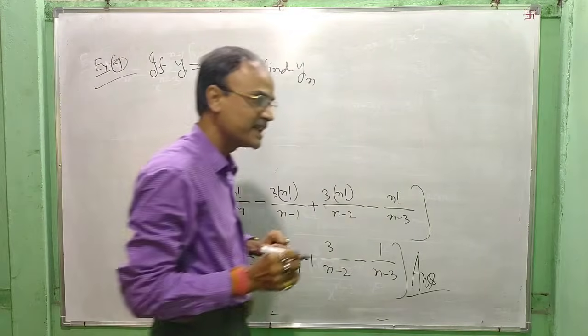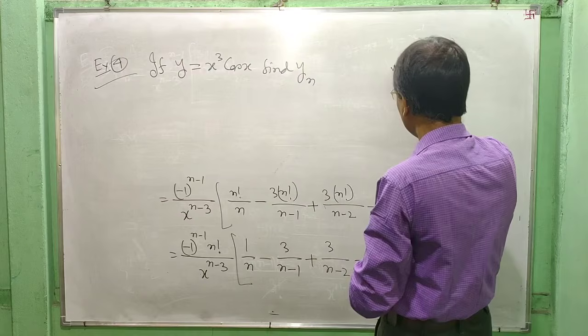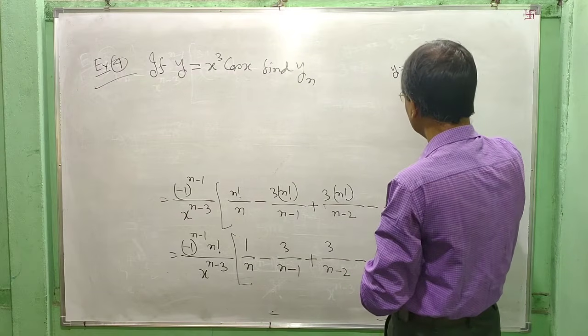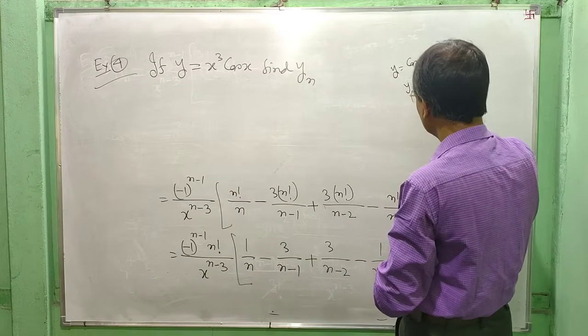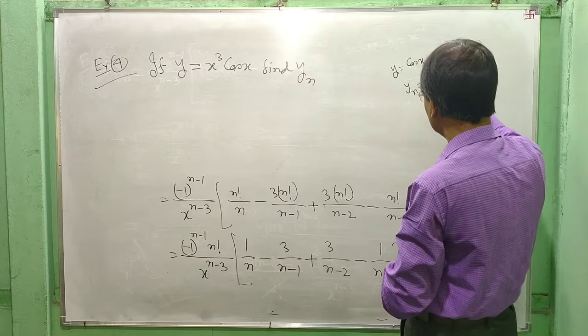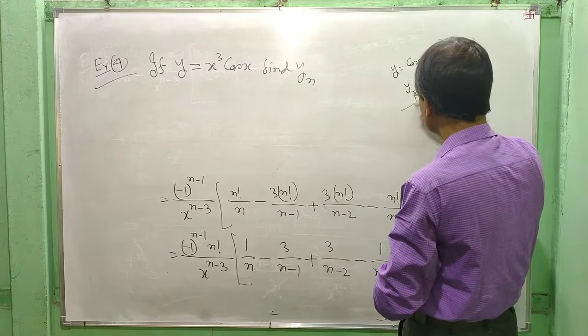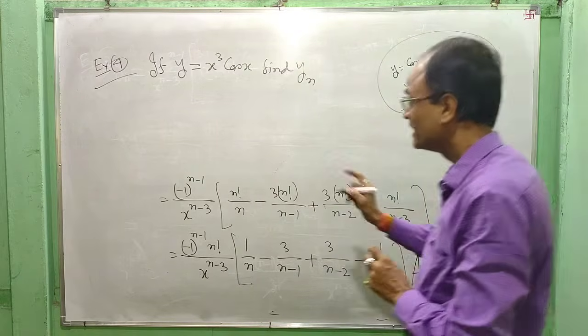Now, the nth differentiation of cos x: y equal to cos x, then yn equal to cos of n times of pi by 2 plus x. You should remember this.